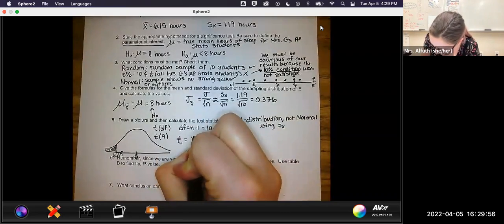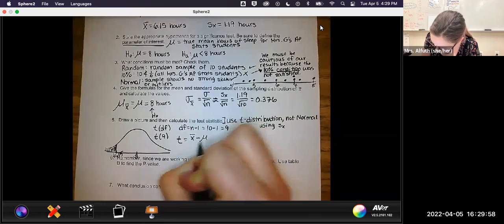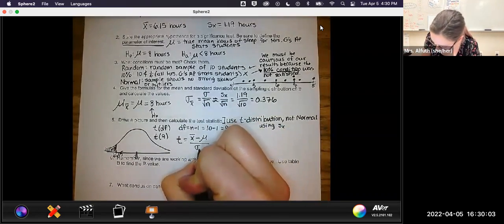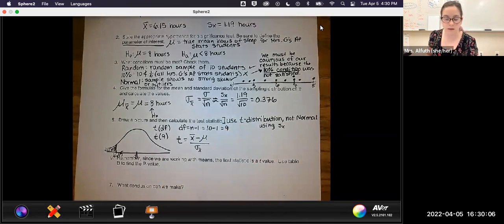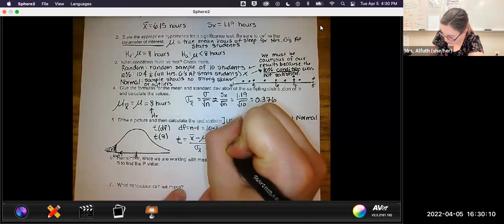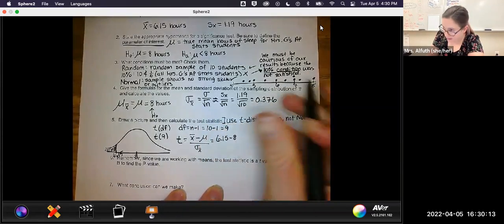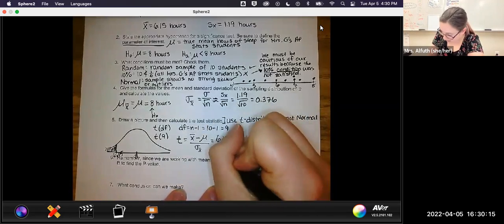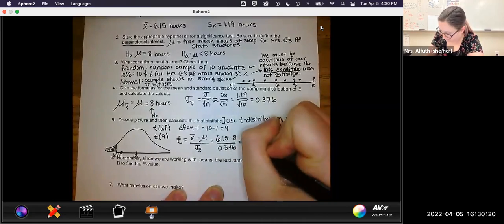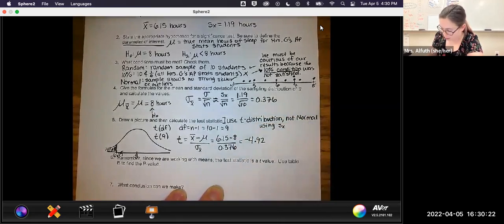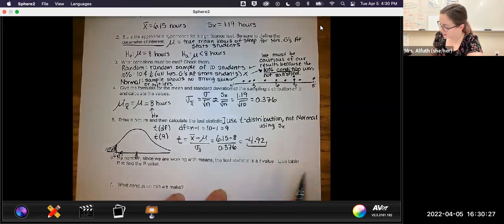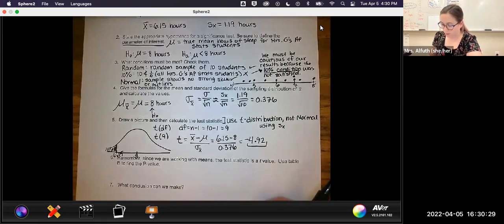So it's still going to be our sample mean minus the true mean that we're assuming, divided by that standard deviation of the sampling distribution of the sample means that we found, which was 6.15 minus 8 divided by 0.376, which was negative 4.92.